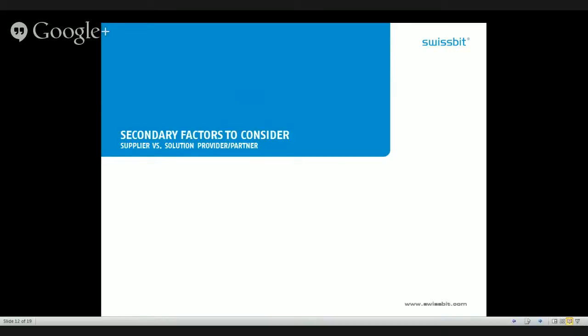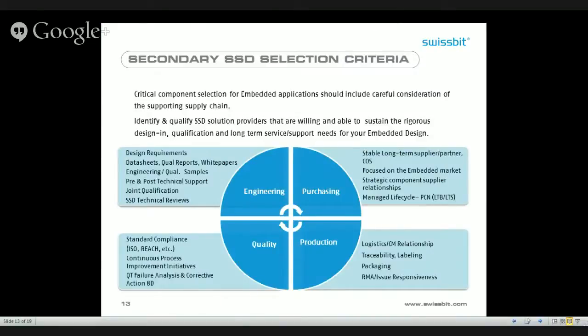The next piece that we're going to talk about are the secondary factors to consider: a supplier versus a solutions provider partner. Any critical component in an embedded application should include a careful consideration of the supply chain, and here the critical component is the SSD.